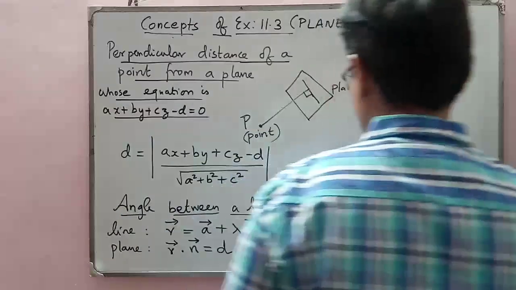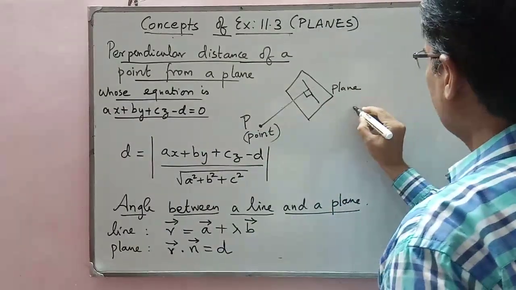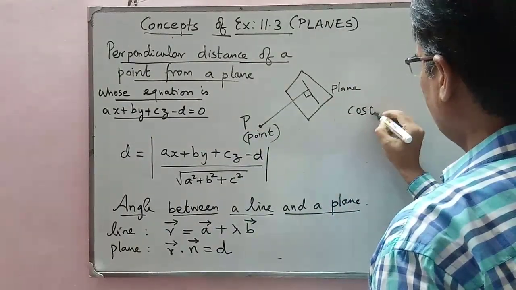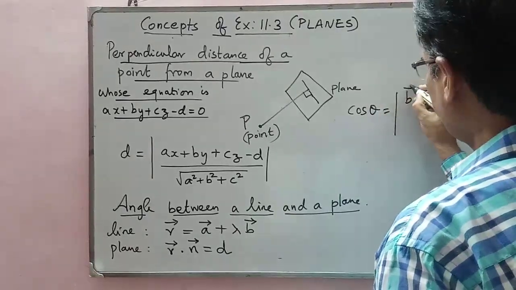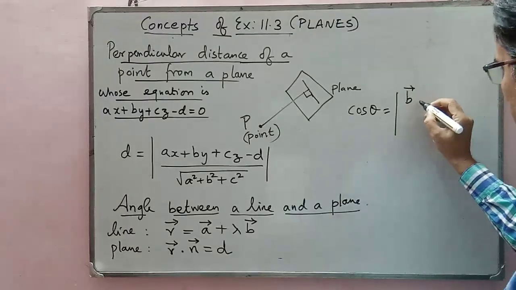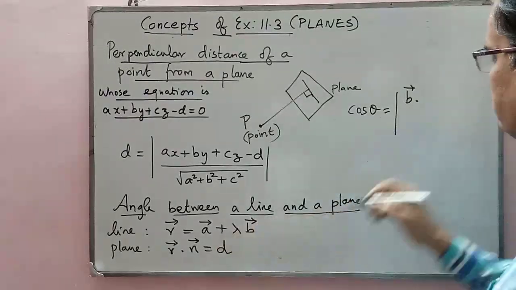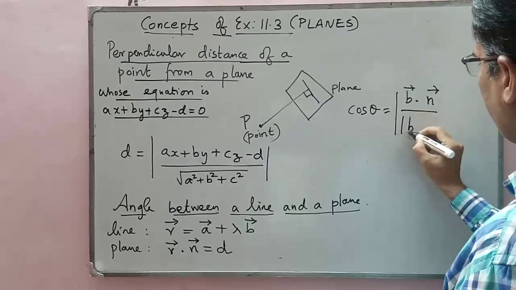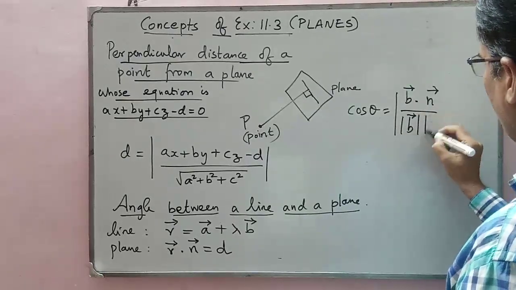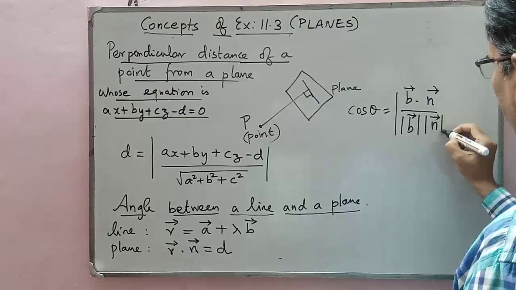Cos theta, as usual, go for a cos theta formula. Cos theta equals modulus of direction of the line b vector dot direction of the plane n vector divided by modulus of b vector modulus of n vector.